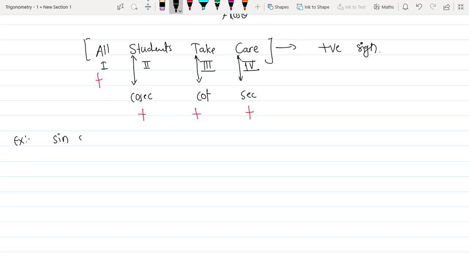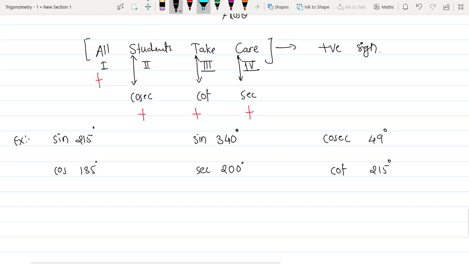Sine of 215 degree, cos of 135 degree, sine of 340 degree, sec of 200, cosec of 49 degree, and cot of 215 degree. Tell me the sign, whether it is positive or negative.